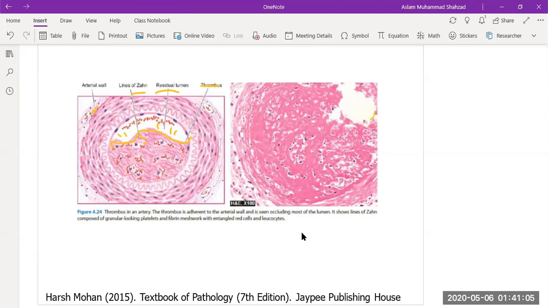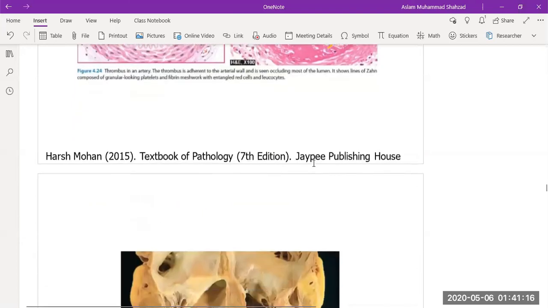This is another picture. This all shows you the presence of the thrombus formation, and they are explaining this is a thrombus of an artery. We have another picture.